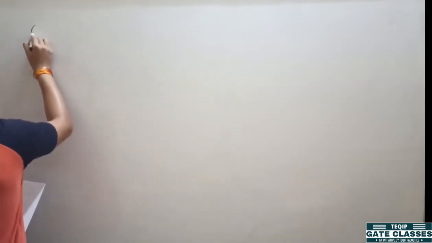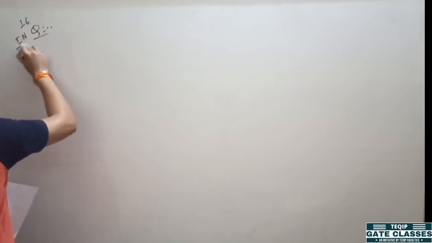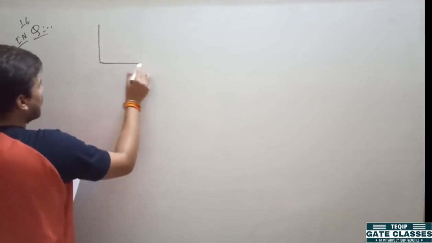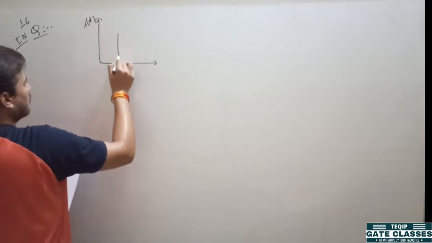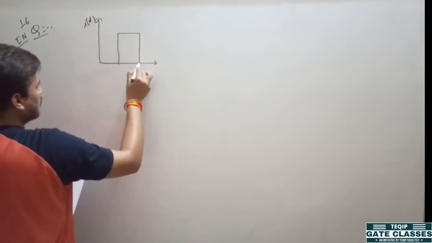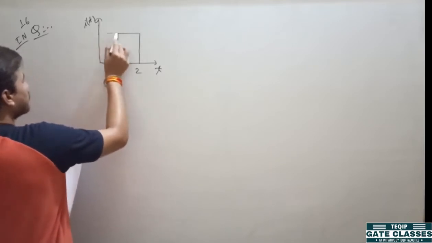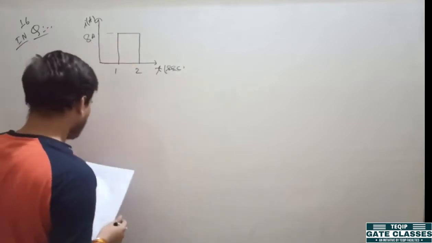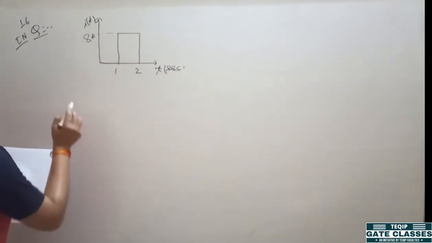Let us solve one more question. GATE 2016 Instrumentation Engineering. A graph for current IT is given, 8 ampere from t equal to 1, time t in seconds. They are saying this current IT is passed through an uncharged 1 farad capacitor.